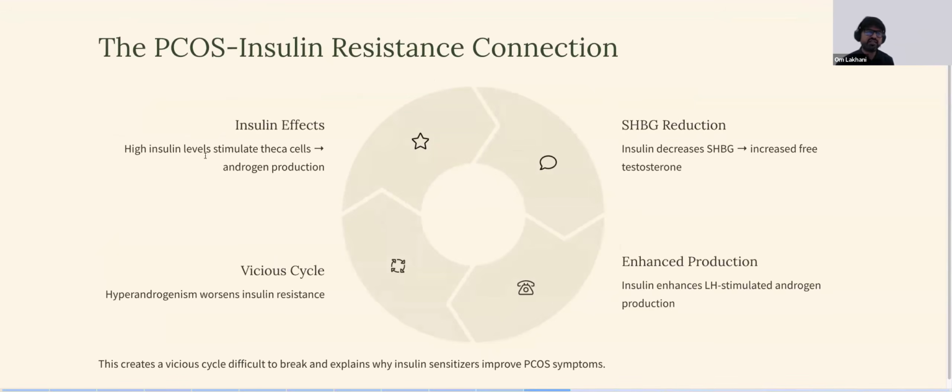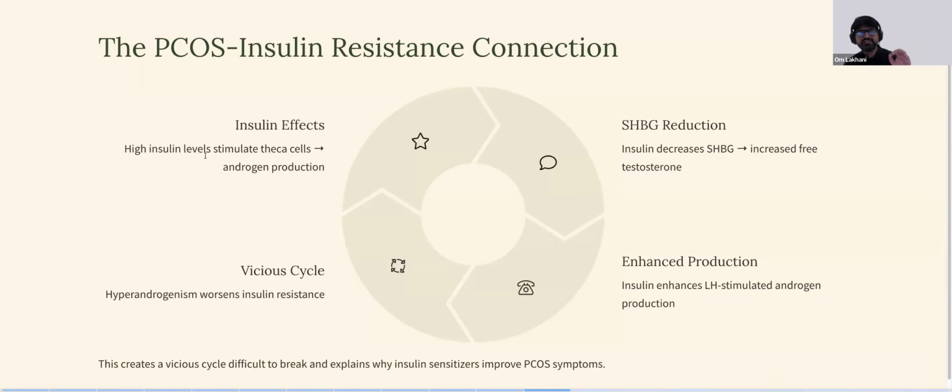Now, let's see the insulin resistance and PCOS spectrum in more detail. One of the things is that this high insulin level starts stimulating the theca cells of the ovary, which increases androgen production. Another thing which happens involves sex hormone binding globulin, or SHBG. Remember, it binds with androgens, with testosterone, right?